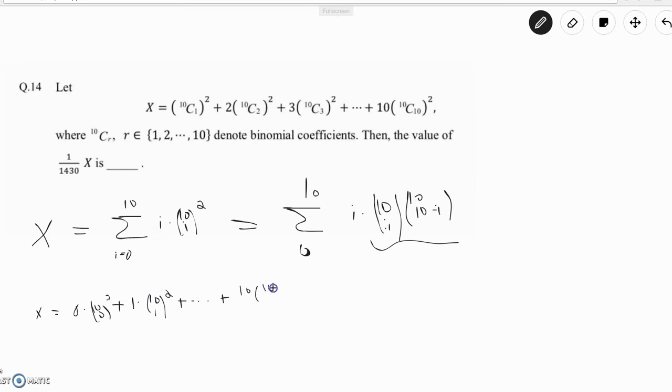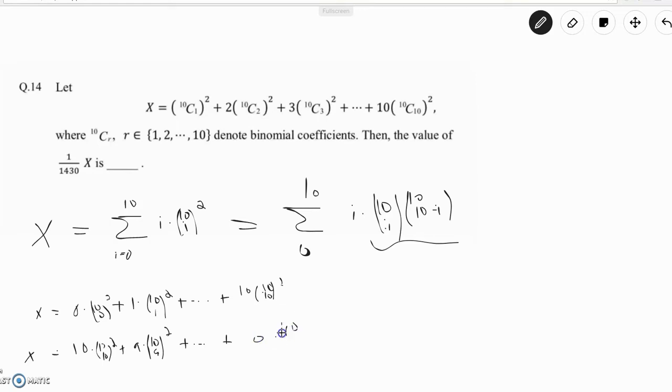But this is also equal to, by symmetry, x is equal to 10 times 10 choose 10 squared plus 9 times 10 choose 9 squared, all the way until 0 times 10 choose 0 squared.